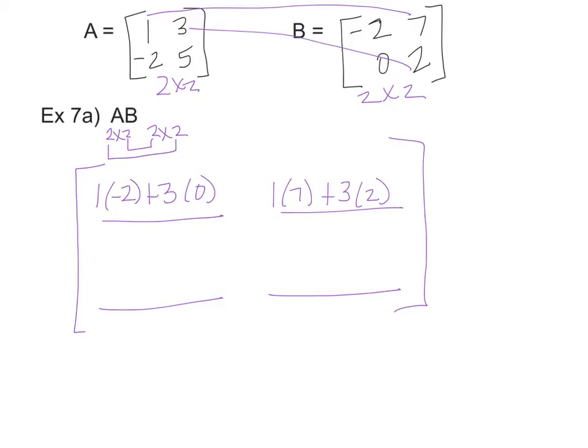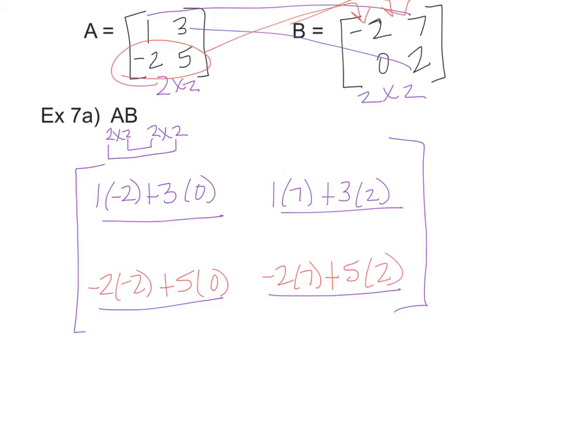Now go to the second row and we're going to do the exact same thing. Take this row and multiply it times each column. So I have negative 2 times negative 2 plus 5 times 0 and negative 2 times 7 plus 5 times 2.